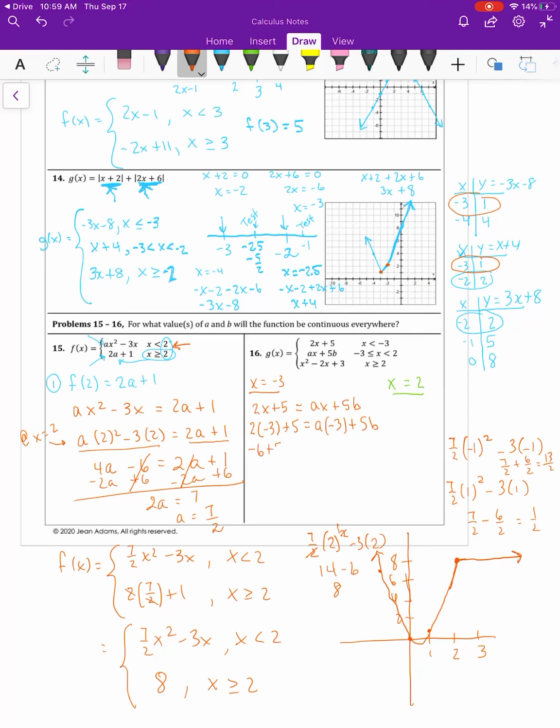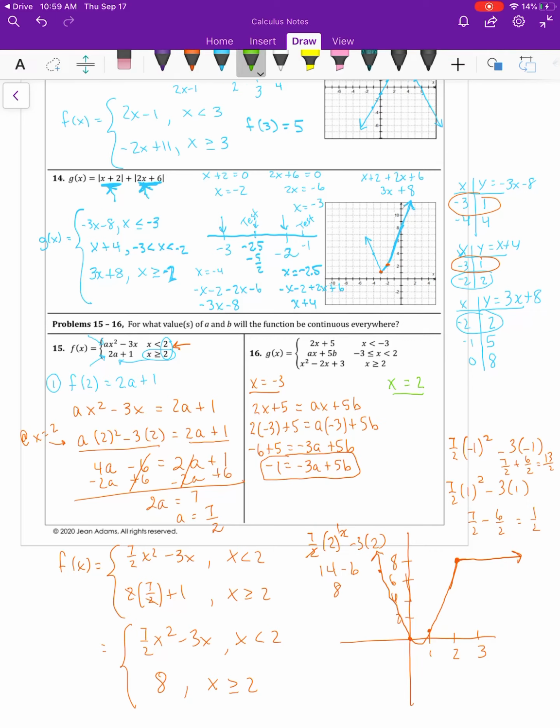So -6 plus 5 equals -3a plus 5b. So -1 equals -3a plus 5b. Okay, so we've got that. Let's just put a box around it.